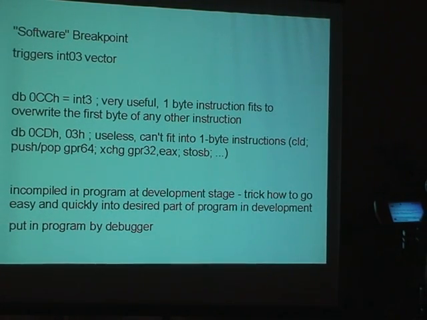The second way this instruction may come into a program is when the programmer puts it into the source of the program and compiles it into the program at the development stage. At the end, the programmer must remove this instruction.